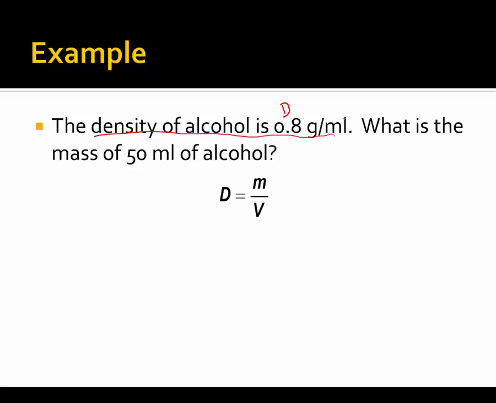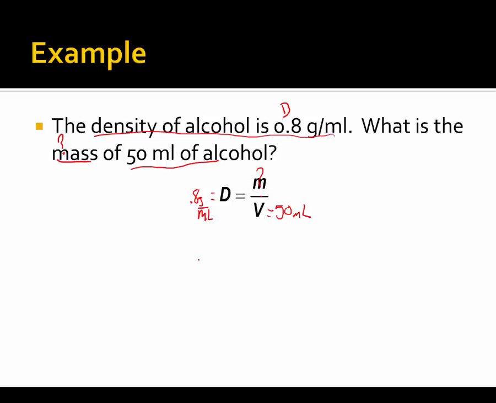We're looking for mass, that's our question mark. We're given 50 milliliters for our alcohol, and density is given to be 0.8 grams per milliliter. Okay, don't forget your units there.